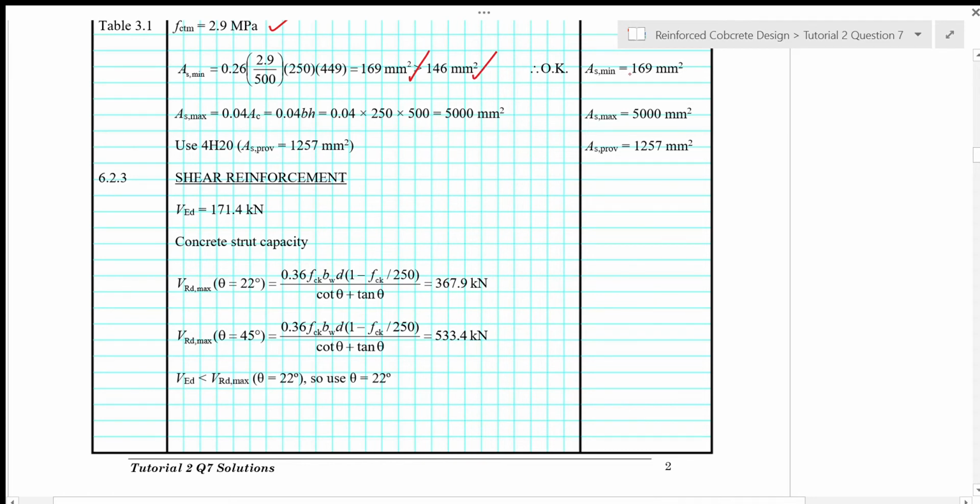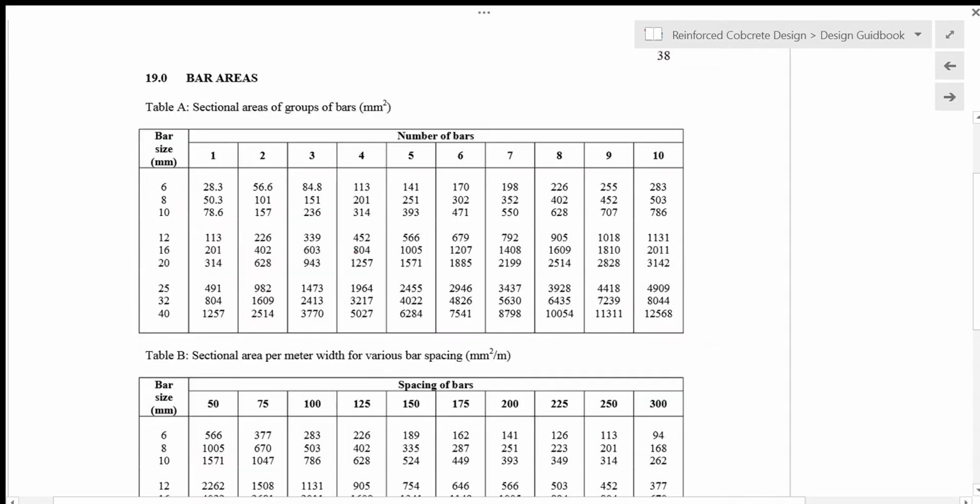So As minimum is 169 square millimeter. And then As max is 4% of the concrete cross section, so 4% of the concrete cross section is 5000 square millimeter. So we use 4H20 to give As provided of 1257 square millimeter.